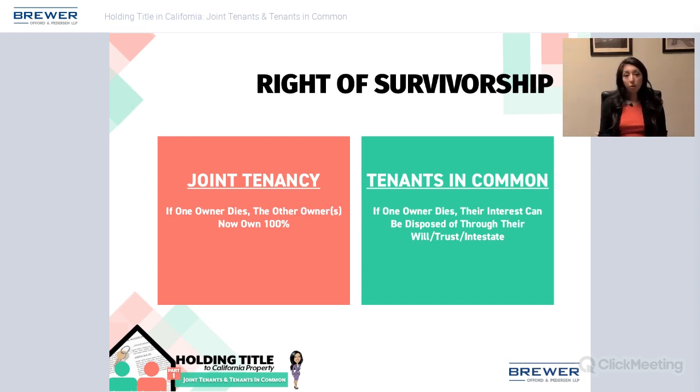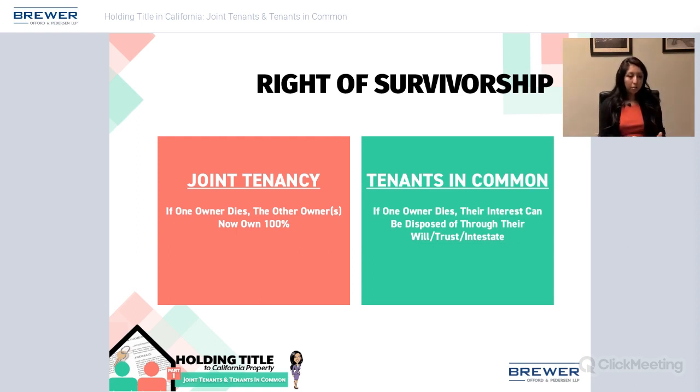People do this in order to avoid probate, or they don't want to prepare a will or a trust or anything. They just think that it's easier, and it kind of is, because the property is not owned by their estate, so there's nothing to dispose of. The property just automatically goes to the survivor.